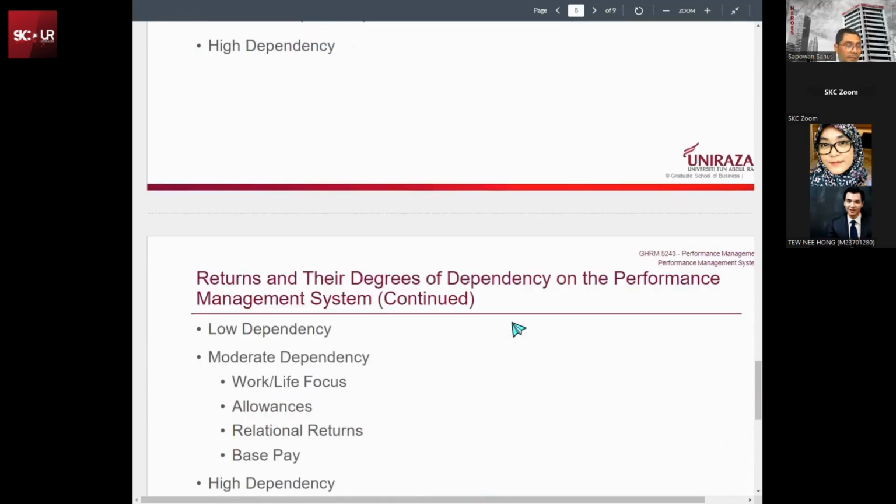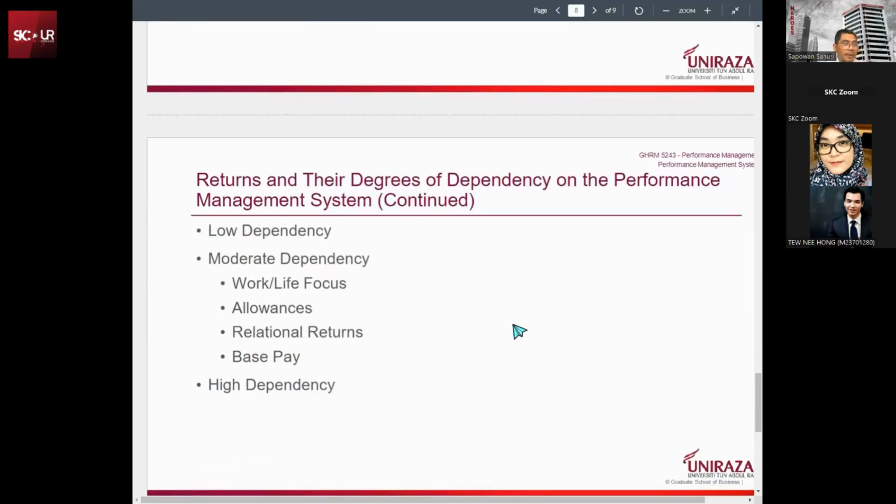So they're only focusing on low cost of living adjustment and income protection. Then for moderate dependencies, if the company put their effort to have a good reward system on moderate dependencies, which is usually they akan tengok pada basic pay.